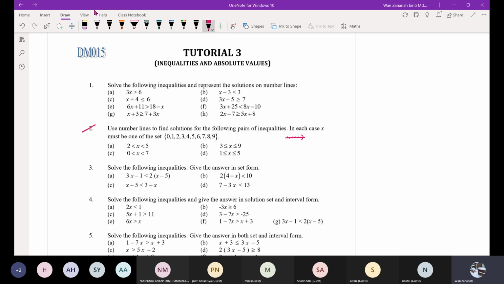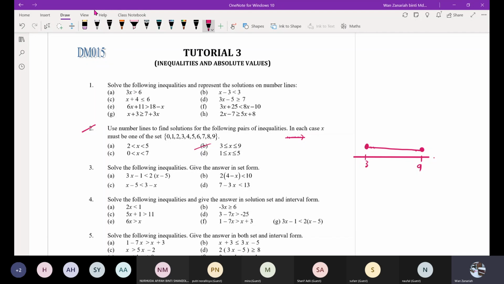Okay, since you have to plot, for example, B, 3 until 9. For all this while, if they do not state the set, or they say all real numbers, or they do not state anything, we straight away know that it is from 3 until 9, where all the 3.1, 3.2, 8.9 are included.